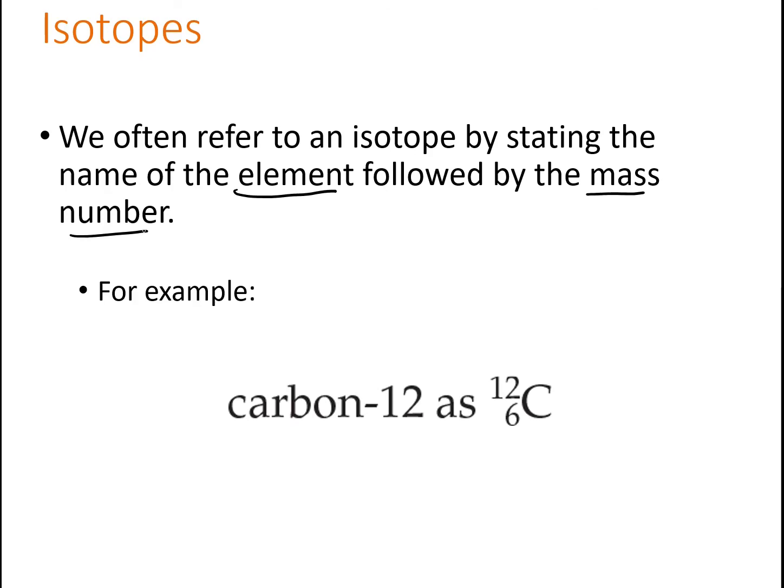So for carbon, you'd say carbon 12, or you'd represent it as a symbol like this. If we wanted to talk about carbon 13, you would write carbon-13, or the atomic notation.